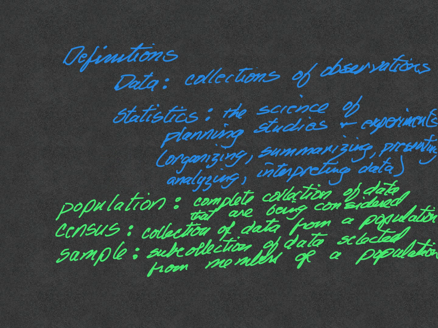So here are some quick definitions of some terms that are fairly important we need to be able to pay attention to. The first one is data. What is data? Data are just observations.